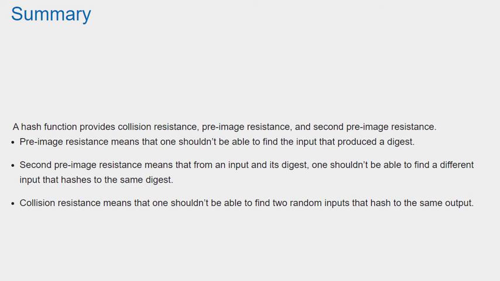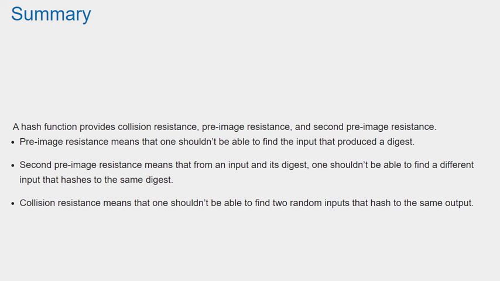Summary. A hash function provides collision resistance, pre-image resistance, and second pre-image resistance. Pre-image resistance means that one shouldn't be able to find the input that produced a digest. Second pre-image resistance means that from an input and its digest, one shouldn't be able to find a different input that hashes to the same digest.